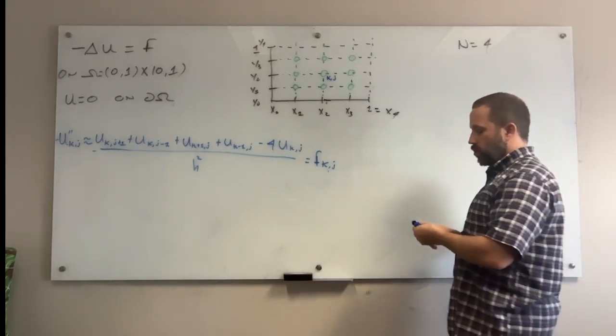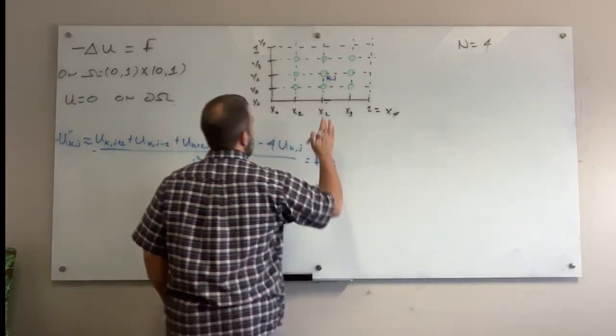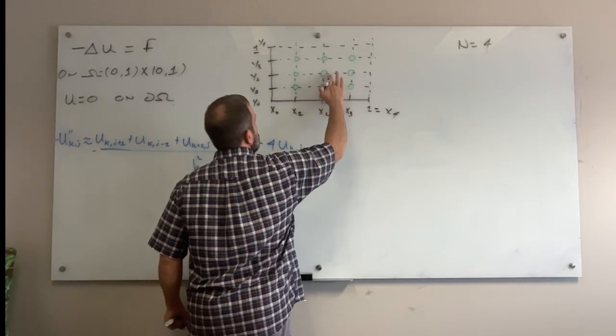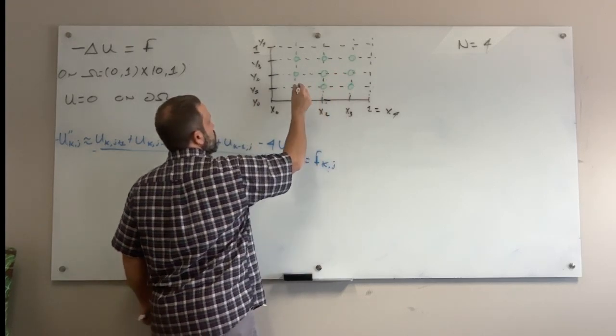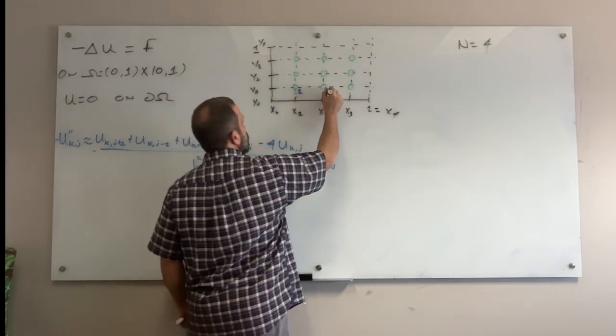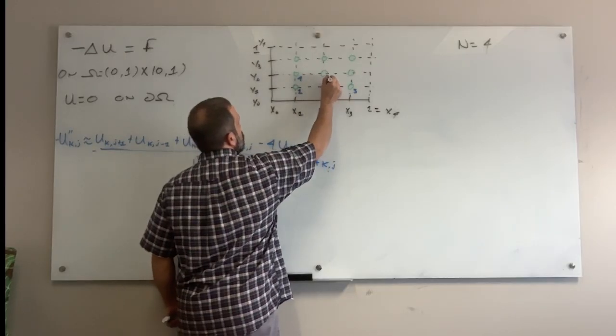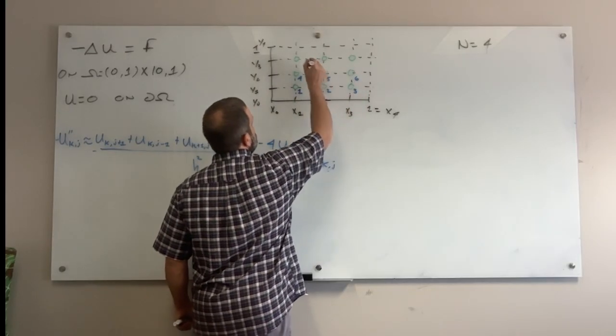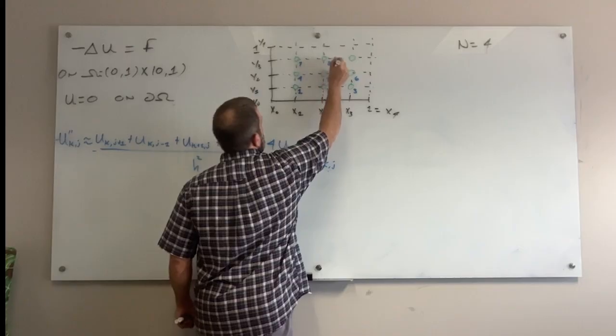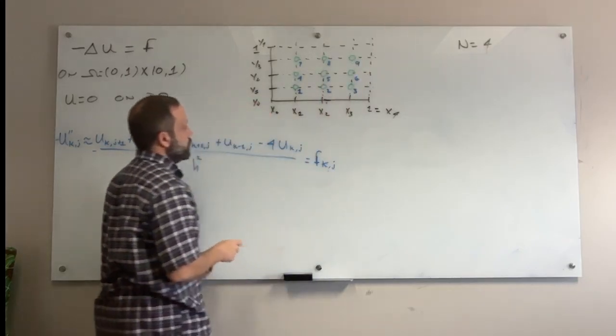So what this works out to, I'm just going to write out what these orderings are going to be. This is going to be 1, 2, 3, 4, 5, 6, 7, 8, 9.